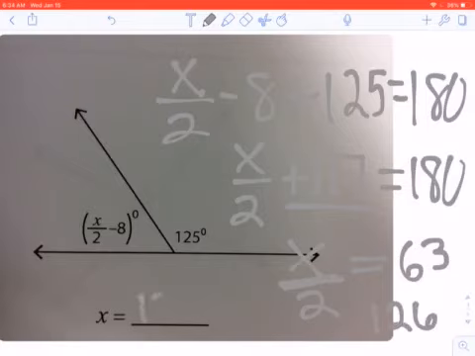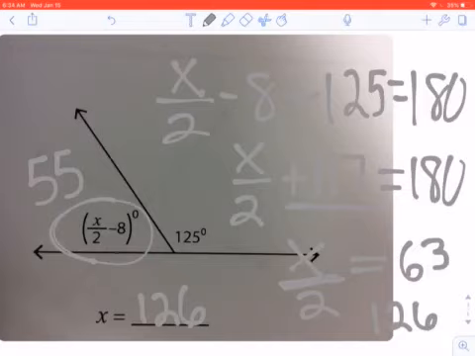So in this case, x is 126. And here's your check. Put it back in for x over here, and 126 over 2, which would be divided by 2, is 63. And 63 minus 8 would give me 55. So does 55 degrees and 125 degrees equal 180? Yes, it does.